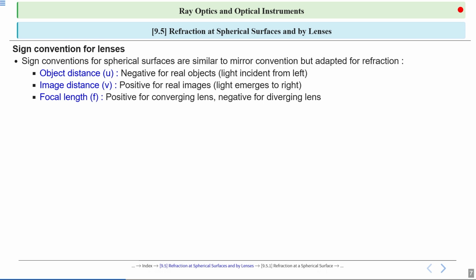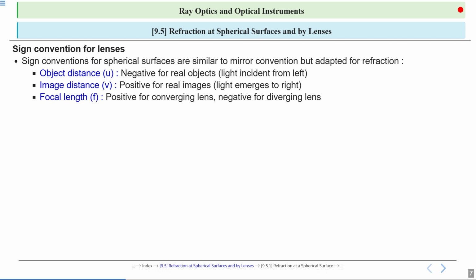In the case of mirrors, the concave mirror was the converging mirror, because light rays falling parallel to the principal axis, after reflecting, converge at one point called the focus. And the convex mirror was the diverging mirror.